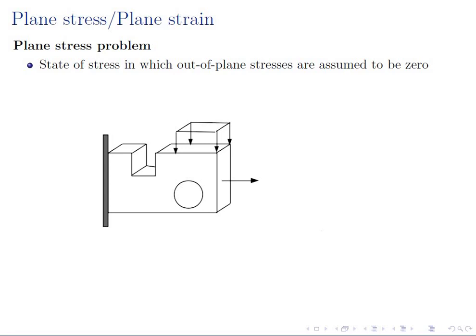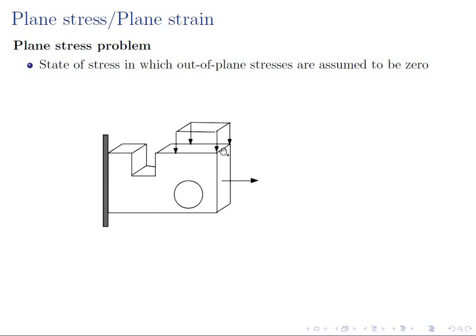Plane stress problem. Plane stress state of a body is that state of stress in which out of plane stresses are assumed to be 0. For example, if you are analyzing a very thin plate, let's look into this particular problem in which we have a thin plate with a hole subjected to loads which are uniformly distributed through the thickness.